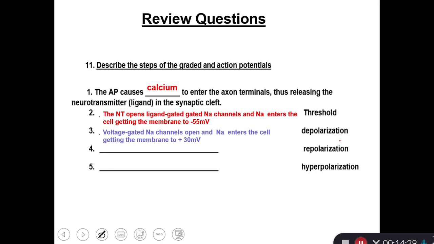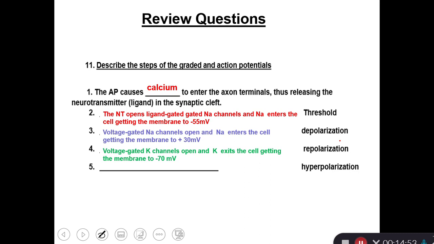When the membrane goes to the peak, now we have the repolarization. Here, what kind of channels open? They are voltage-gated potassium channels. So potassium goes out of the cell, getting the membrane to the resting state of minus 70 millivolt.